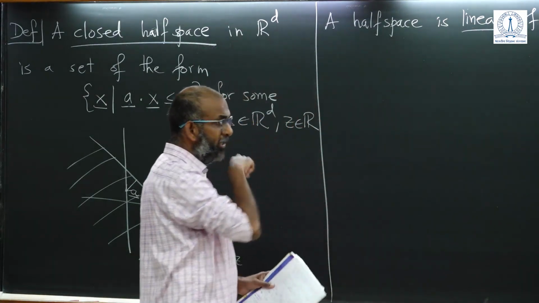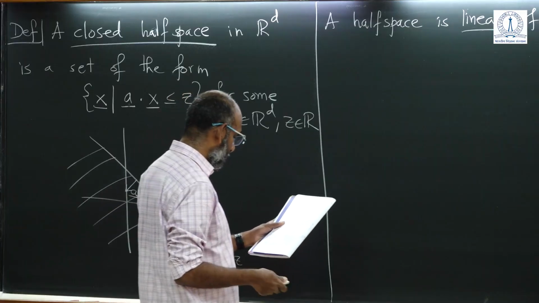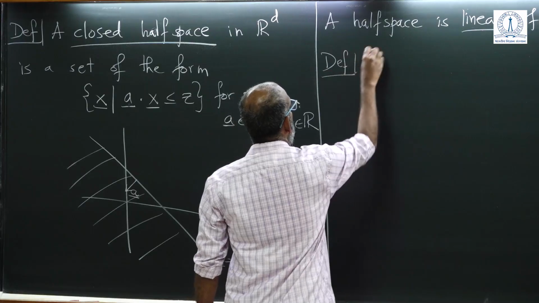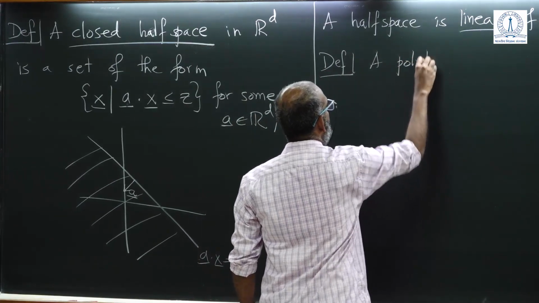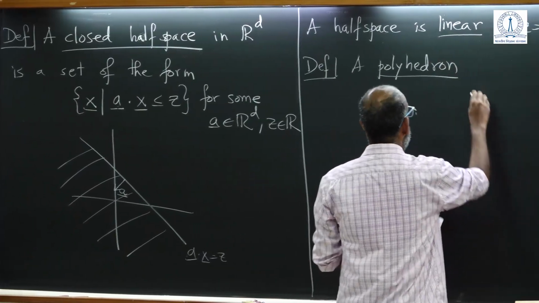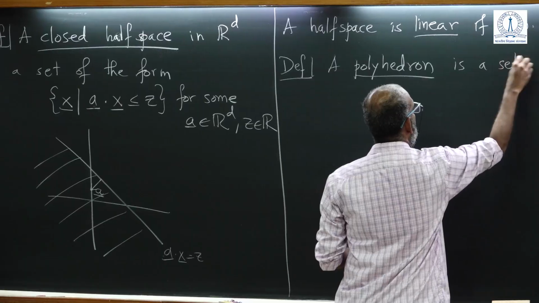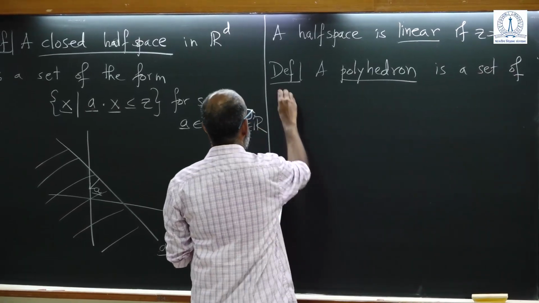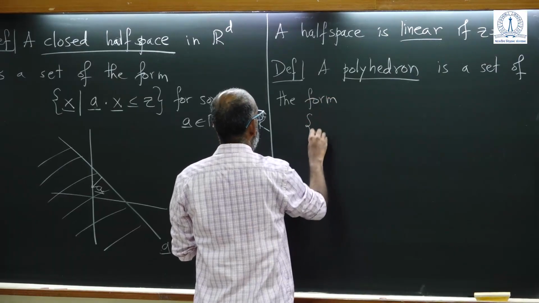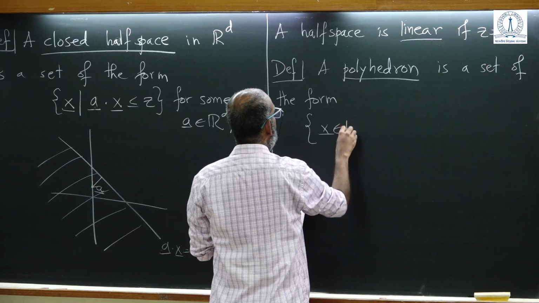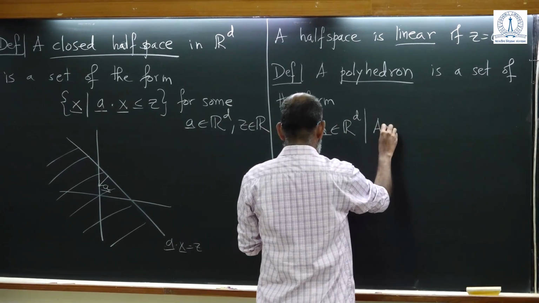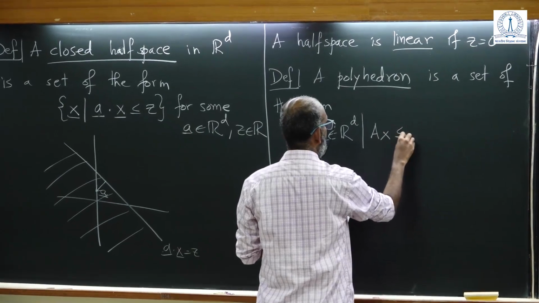Before we get to polytopes, I want to define something a little more general. A polyhedron is a set of the form x in R^d such that Ax is less than or equal to z.